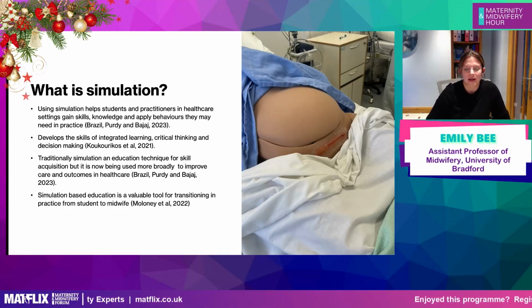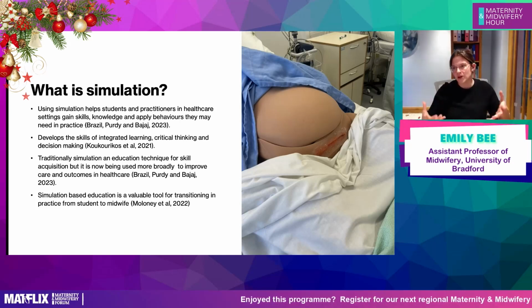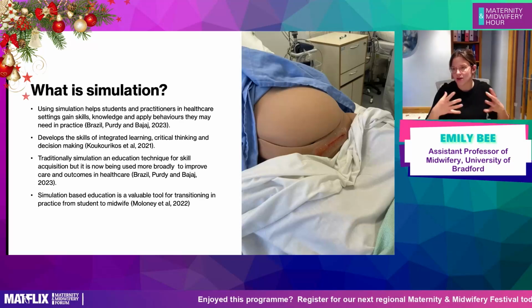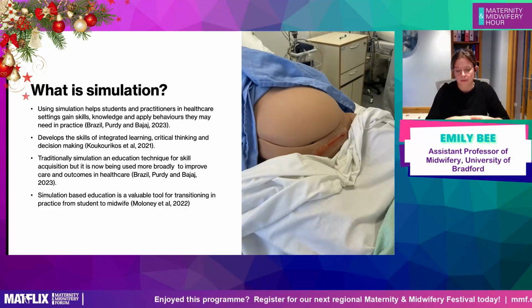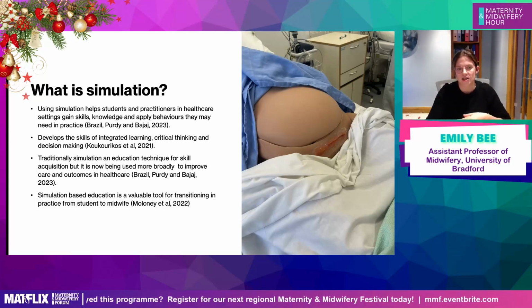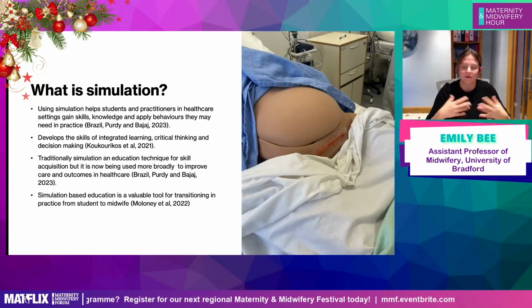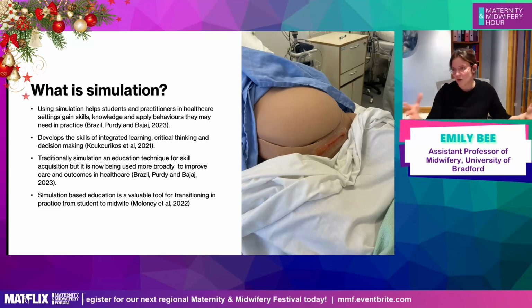So traditionally, simulation is an education technique for skill acquisition, but now it is being used more broadly to improve care and outcomes in healthcare. The body of research on simulation is only continuing to grow, and as our scope to facilitate simulation expands with evolving digital technologies, that is only going to continue to expand.